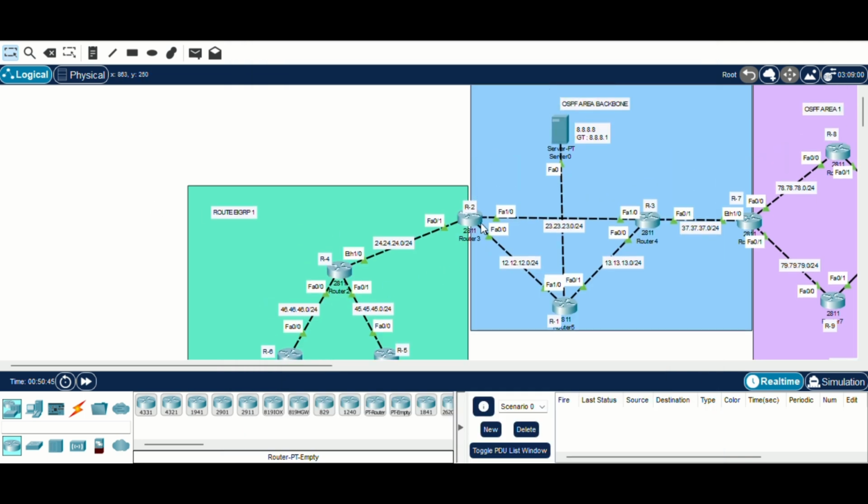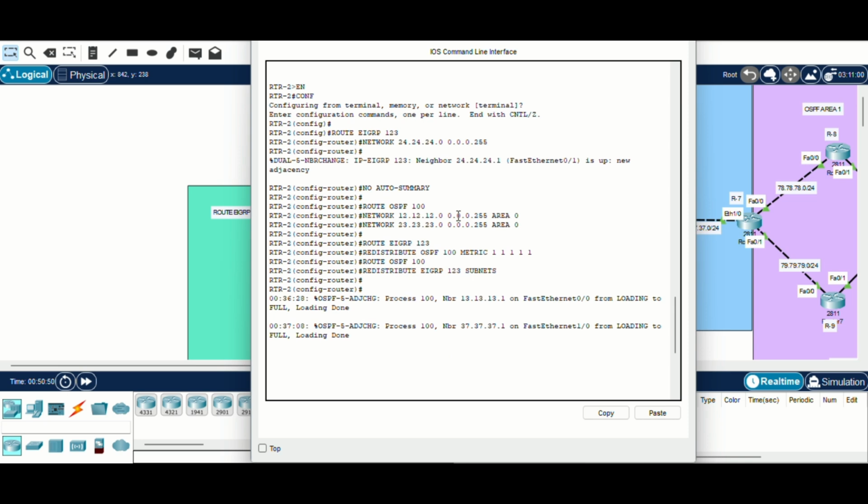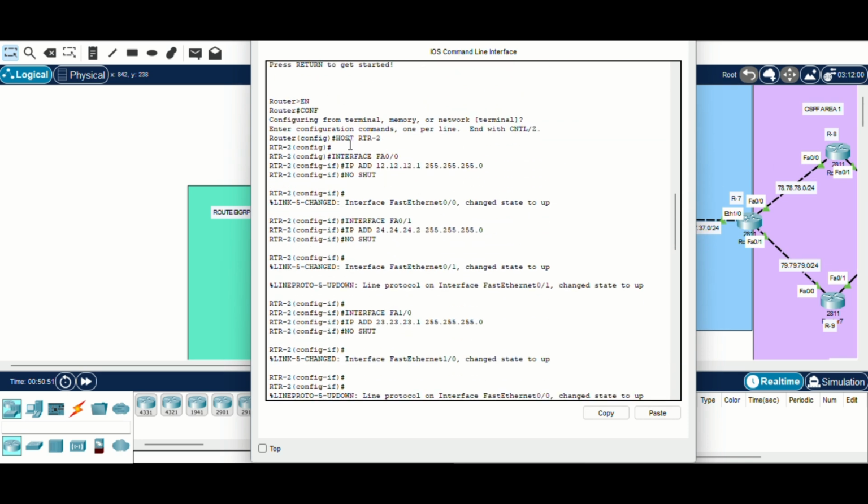Okay, here we make the routing redistribution between EIGRP and then OSPF. First you make IP for EIGRP on interface FA1, the IP address connecting to router 4.